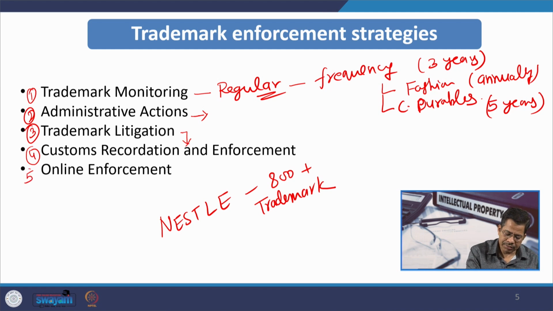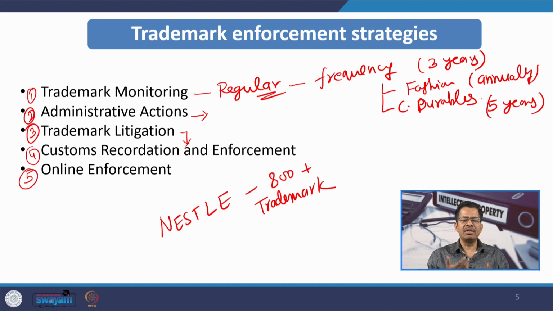And nowadays online exploitation, online infringement of your trademark is also happening. Many a time you are not sure whether you are accessing the right website or not the right website. Many times when you are going for e-commerce, e-supply chains, there are a lot of chances because you are not meeting the sellers and they may be using your trademark without your knowledge.